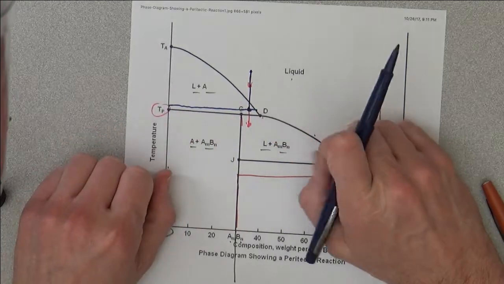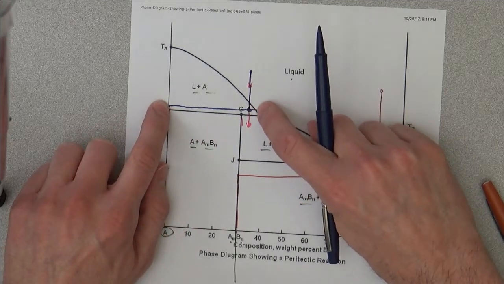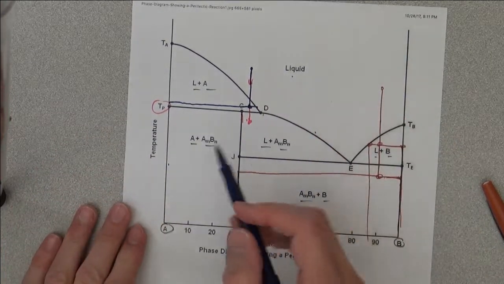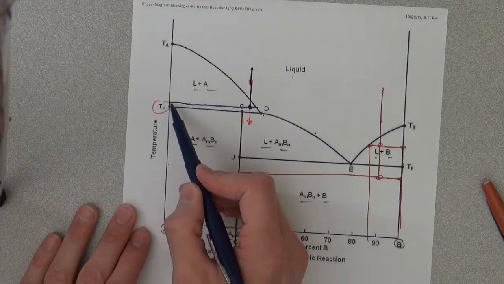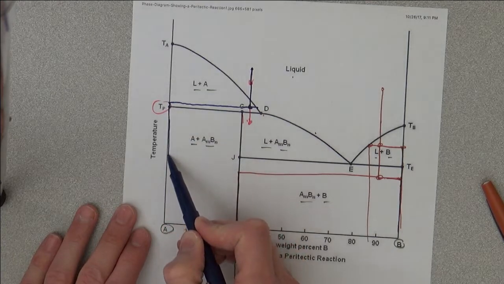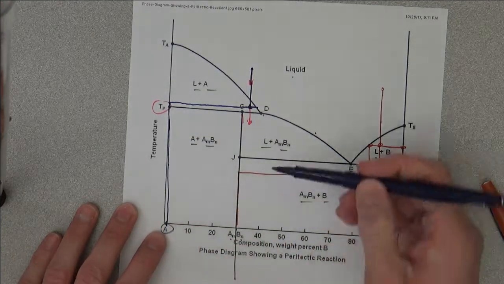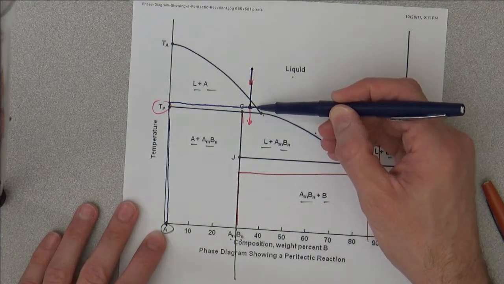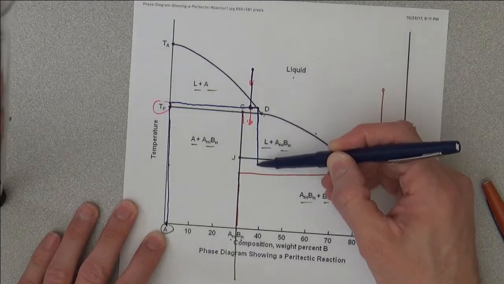The fraction of liquid is this divided by this. The composition of solid is straight down, pure A, and the composition of the liquid comes from looking where the tie line crosses the phase boundary and drawing a line down.